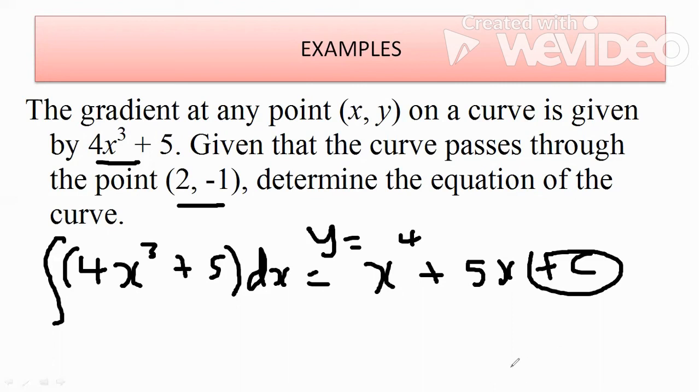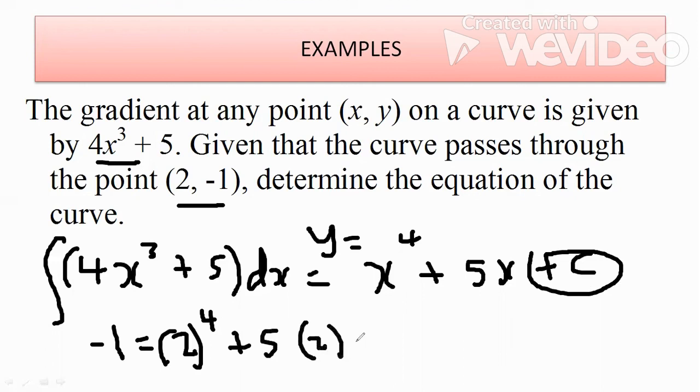So y is -1. So we have -1 equal to x to the 4th power, that is 2 to the 4th, plus 5 times 2, plus c.